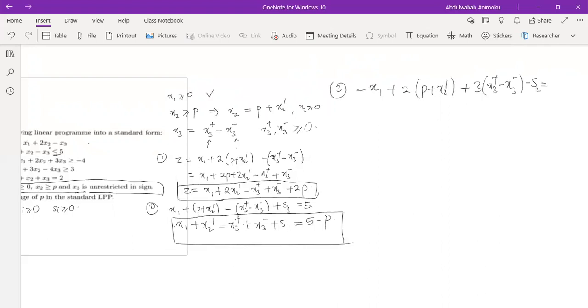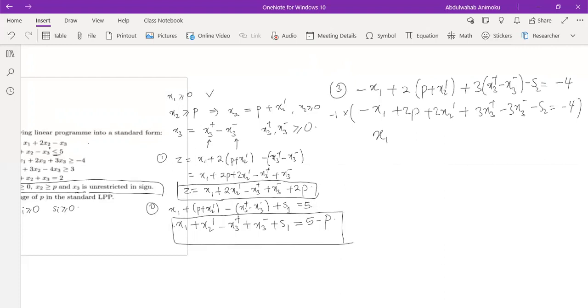So let me just rewrite it properly. Now we can expand this to give us 2p plus 2x2 prime 3x3 plus minus 3x3 minus s2 equal to minus 4. Now we can multiply everything through by minus 1.